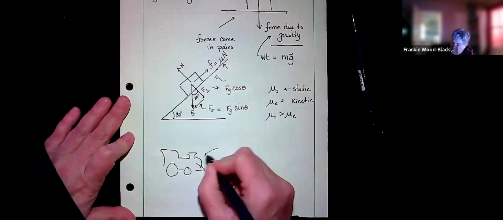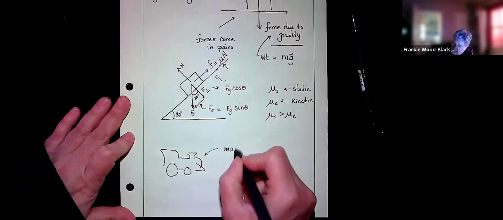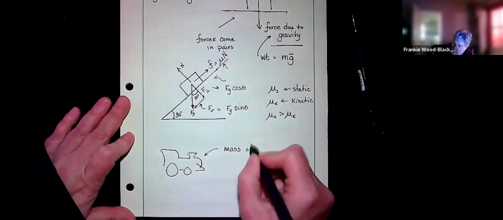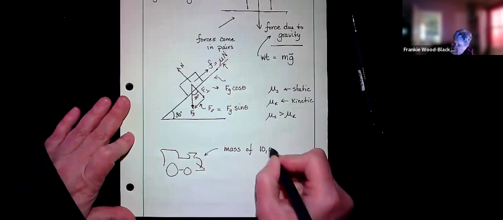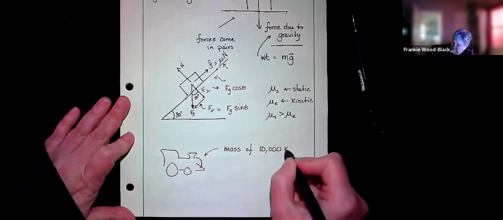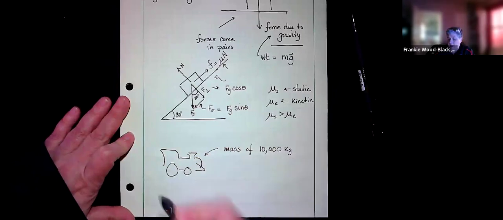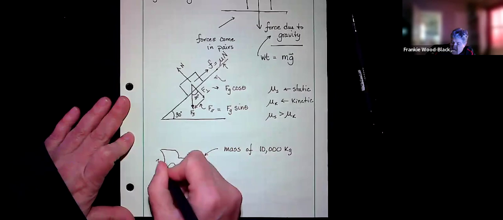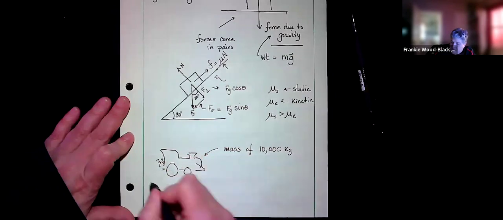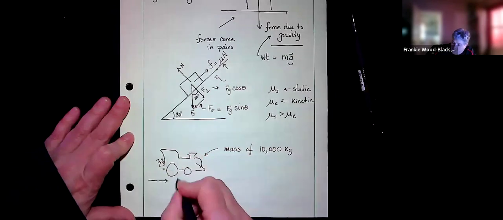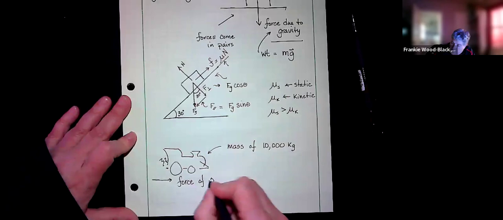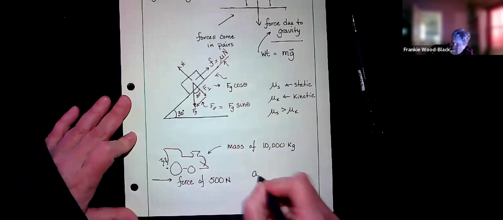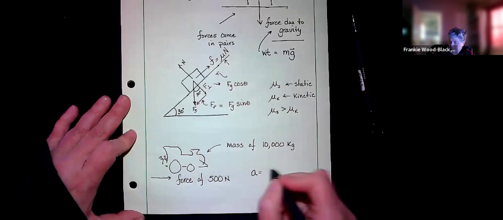My train engine has a mass of 10,000 kilograms, and we're going to fire it up and get it going. We're going to apply a force of 500 newtons. We want to know the acceleration of the train.